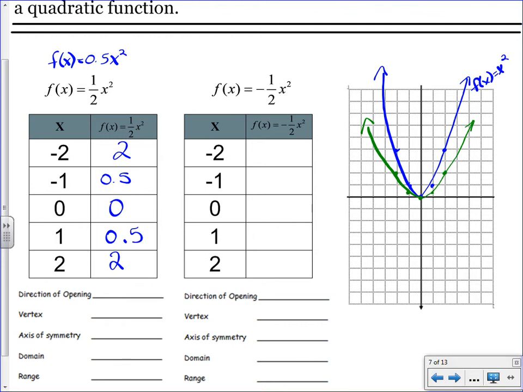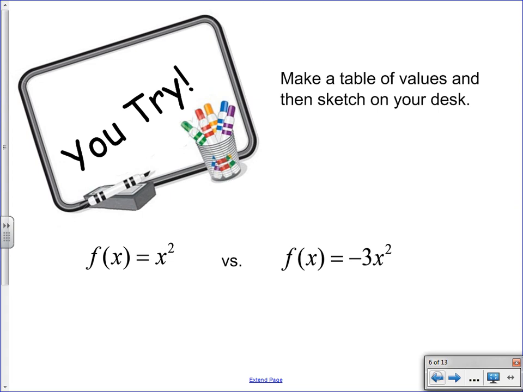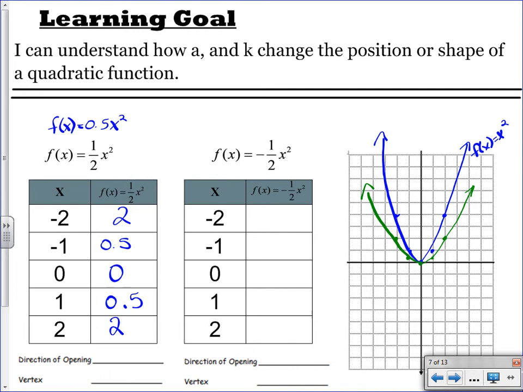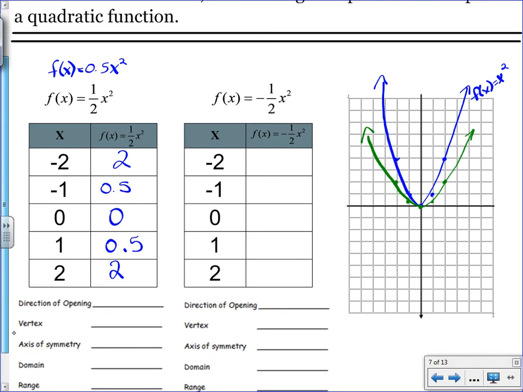Stretching would be that it gets skinnier. Compressing means it gets fatter, if you wanted to call it like that. This one here, if you look from the red to the blue, red was a 2. So if I took my blue, I stretched it, I pulled it in order to get the red.